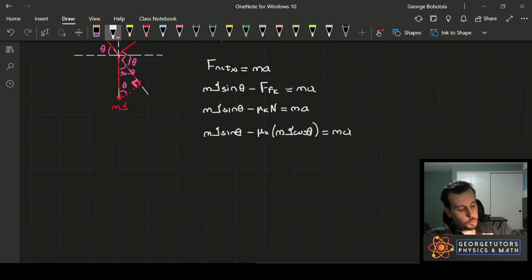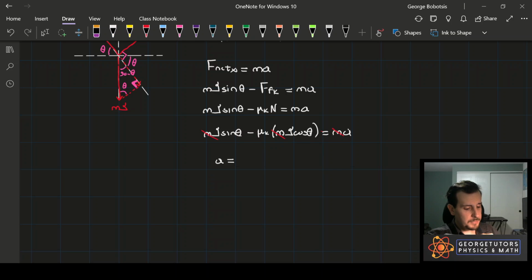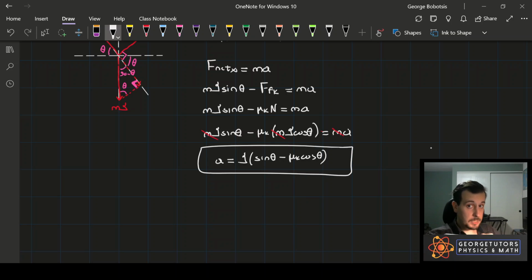Now all I have to do is rearrange for my acceleration. I notice that the masses cancel, and if I factor out the g, I can write it as g times (sine theta minus mu k cos theta). And that is my answer for the acceleration that I'm going to be experiencing.